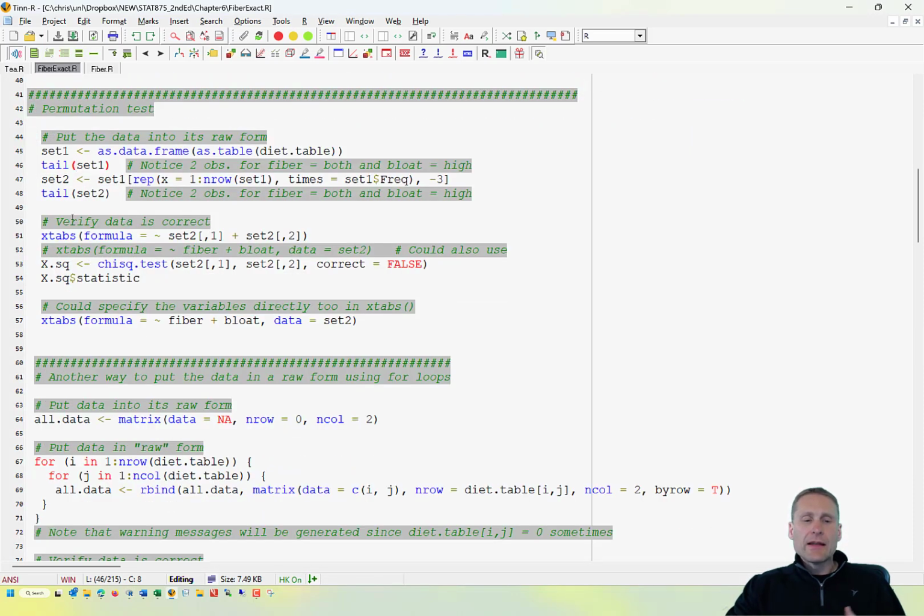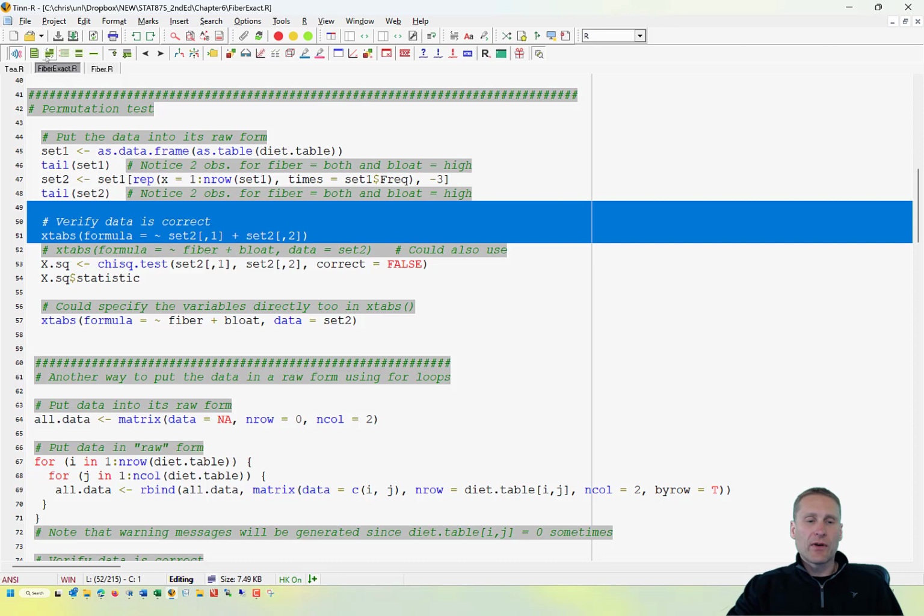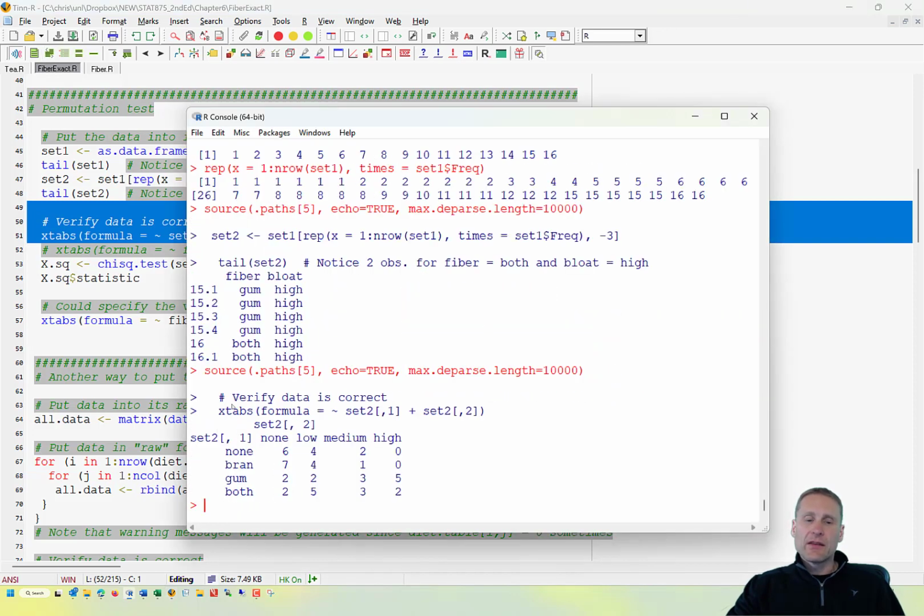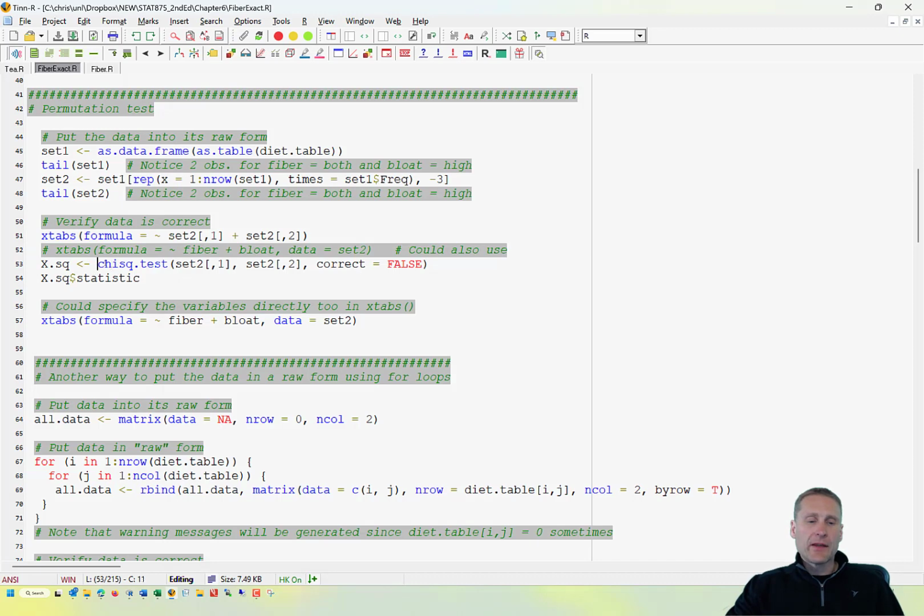Okay. Now, just to verify that indeed this process worked, what I can do is use the xtabs function with the first column of set 2 and the second column of set 2, and I get my original contingency table that we saw before. I can apply the chisq.test function with this if I want to.